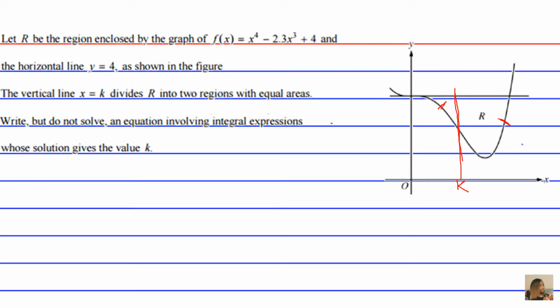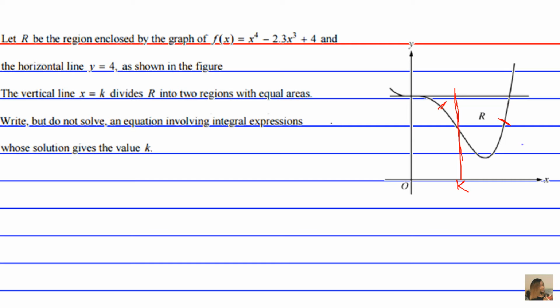So this region is kind of equivalent to this region, although it doesn't look like it. Just pretend, okay? So we have to set up integrals such that the area to the right of k is equivalent to the area to the left of k.